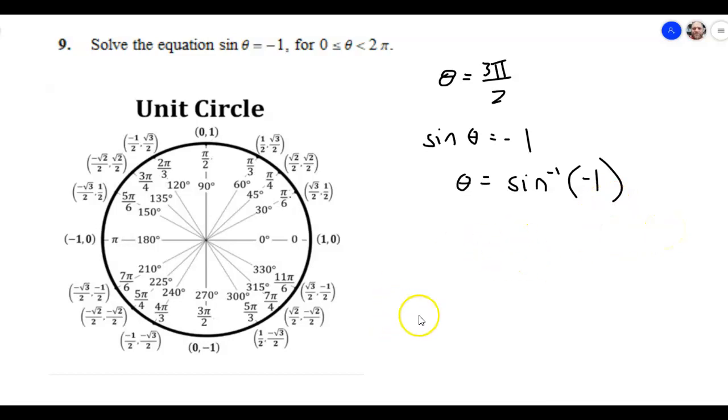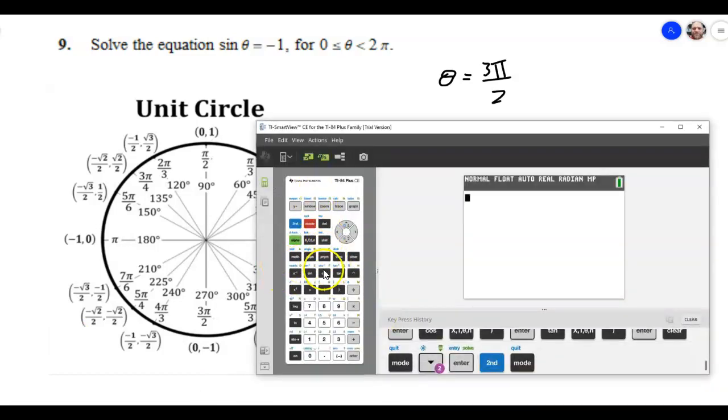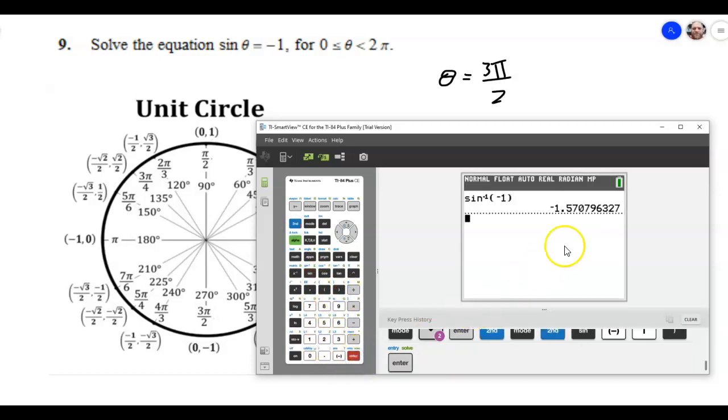here is an issue. So let's go ahead and put this in here and see what we get. Oops, wrong calculator. So if I do the second sine, which is the inverse sine of negative 1, I'm going to get this value here. But notice the issue.